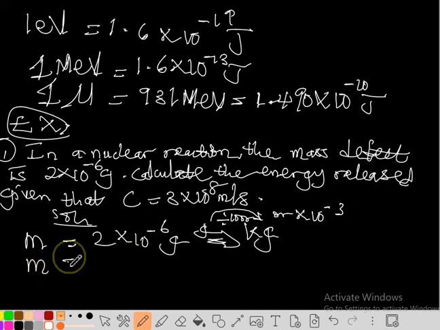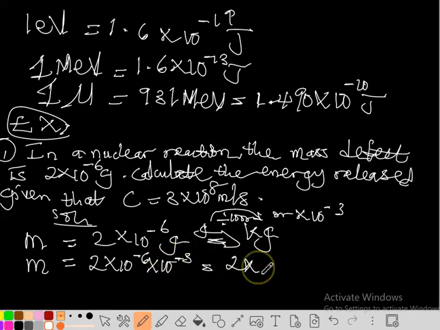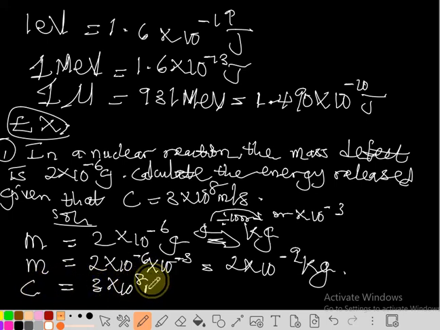So you have the mass M equals 2 times 10 minus 6 times 10 minus 3, and that will give 2 times 10 raised to the power minus 9, and that is in kilogram. That is the mass defect. Then the speed of light, C, is 3 times 10 raised to the power 8 meters per second.